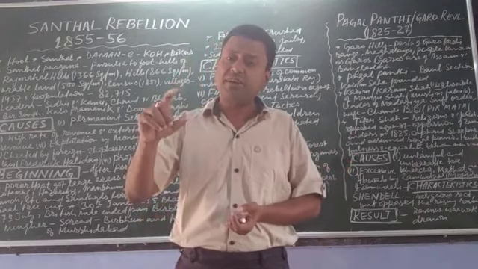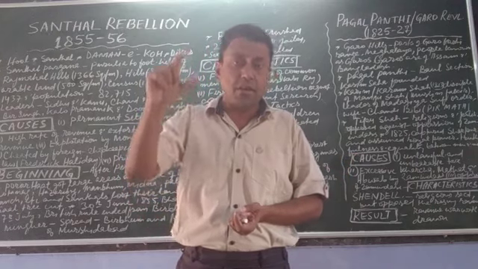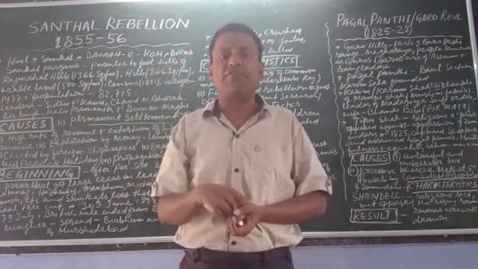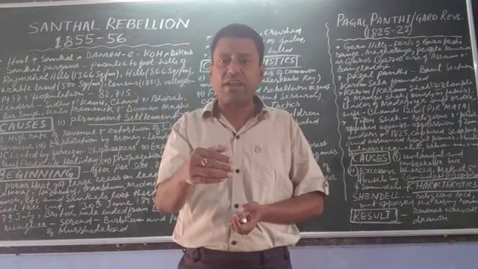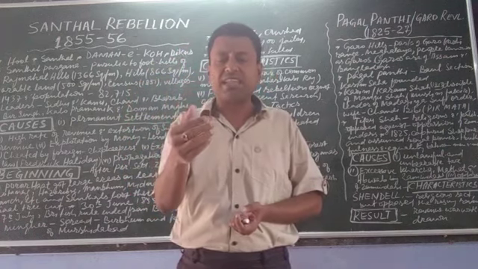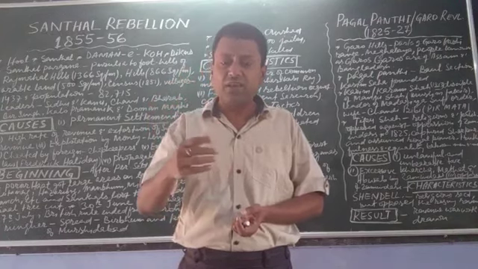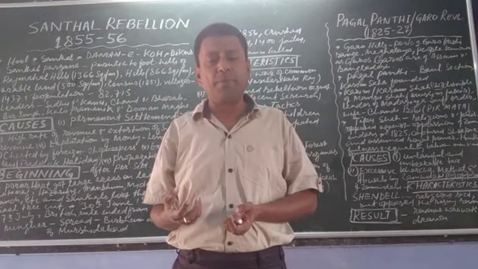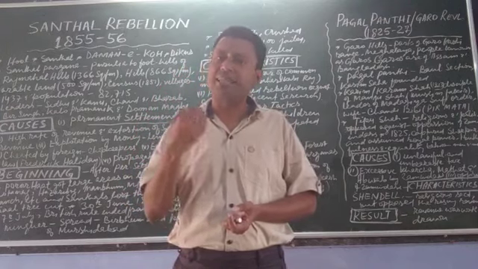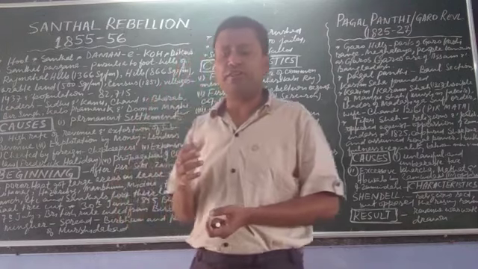In the permanent settlement system the revenue was fixed, but the agents of the government, zamindars, landlords, contractors, gomastas and sub-zamindars used to charge high revenue from the simple-minded Santhali people, which they did not tolerate.